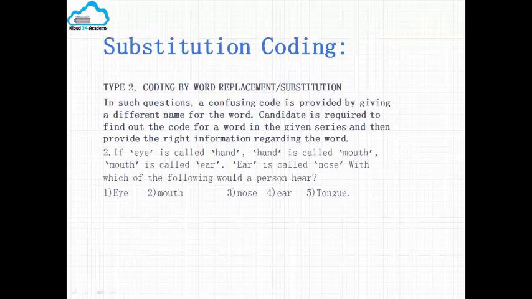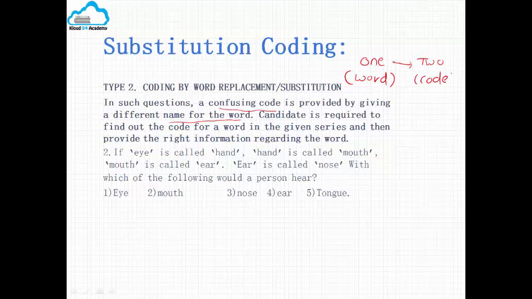In type 2, coding by word replacement or substitution. In such questions, a confusing code is provided by giving a different name for the word. For example, we are given a word 1. Okay, so this is a word. Now, the code given for this word 1 is 2.